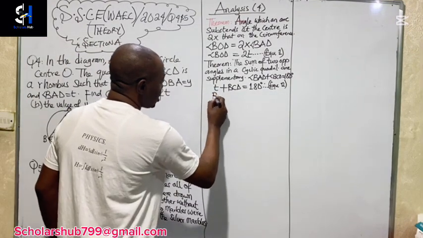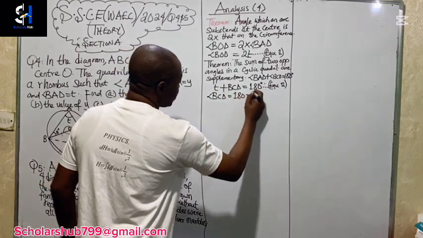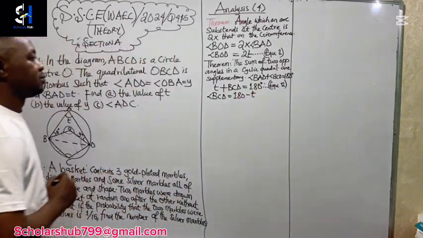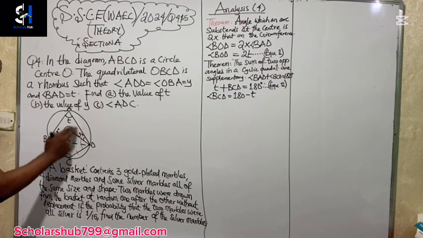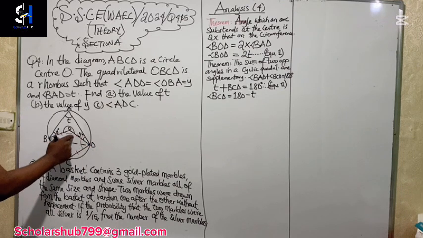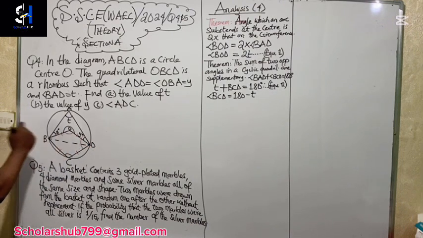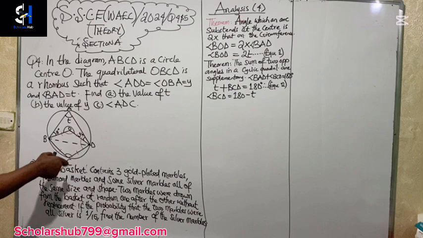Now in this case we know that angle BCD is equal to 180 minus T. Then we know that angle BAD is twice the angle on the circumference. Angle BCD is an angle on the circumference.